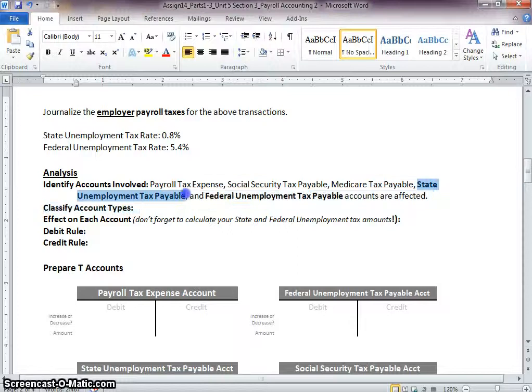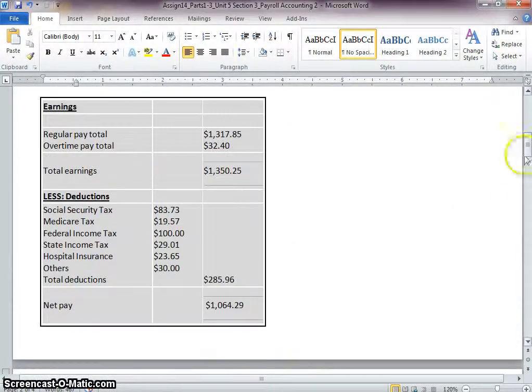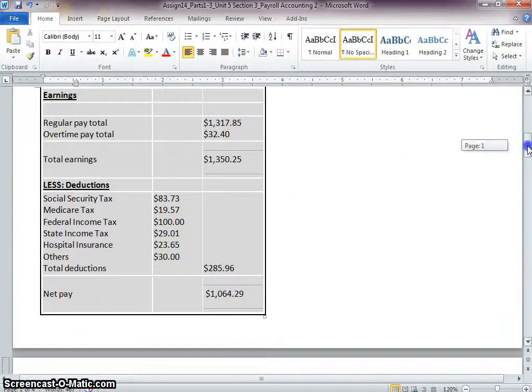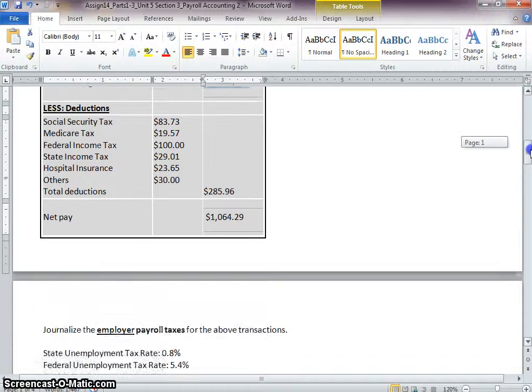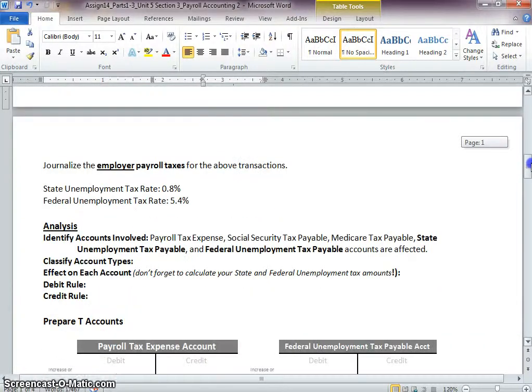Then we also have state unemployment tax payable and federal unemployment tax payable. And the reason I have these highlighted is because you don't see them on this payroll register up here, just because this is like your employee view, and we have to figure out what we owe for our unemployment taxes as an employer, if that makes sense.